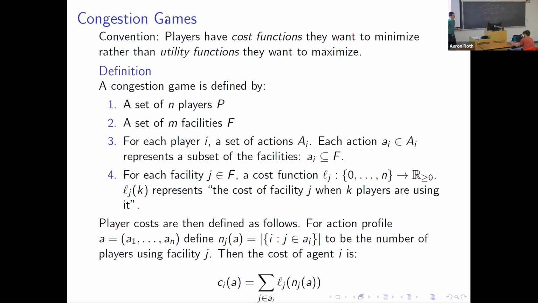We'll think about games like this a little later in the class, but this is just to point out that congestion games have a very particular structure, but there's a little more flexibility here than just modeling traffic routing, for example.